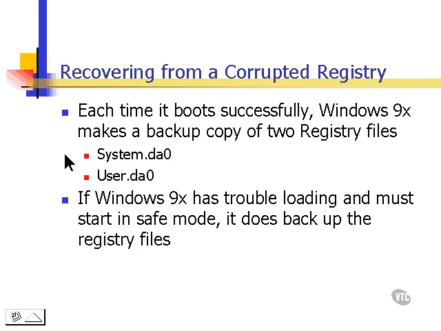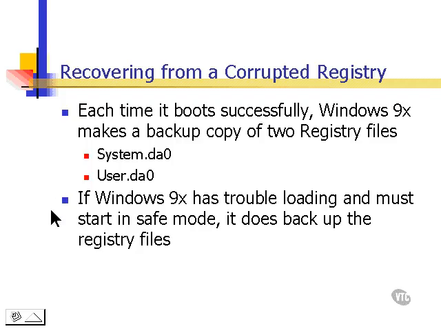It backs up system.dat with a file called system.da0, and it backs up user.dat with user.da0. That way, if system.dat or user.dat were to become corrupt, we could change over to system.da0 or user.da0.